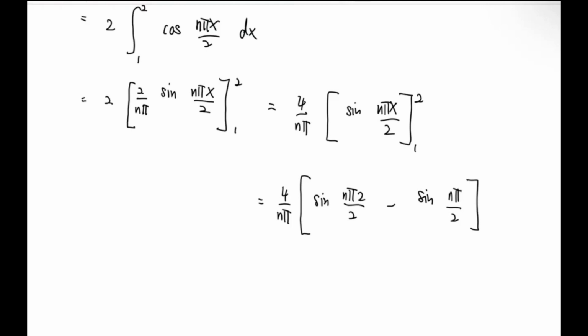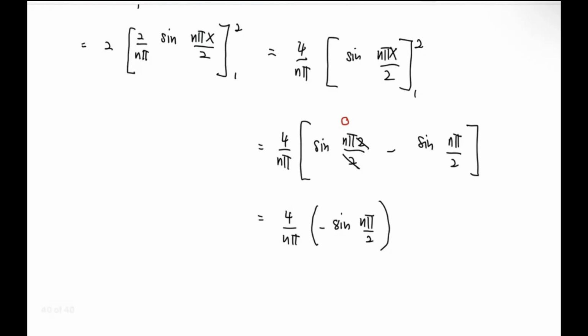From this one, 2 and 2 can be cancelled out. Sine n pi is equal to 0. So 0 minus sine n pi over 2 is negative sine n pi over 2. So 4 over n pi multiply negative sine n pi over 2.